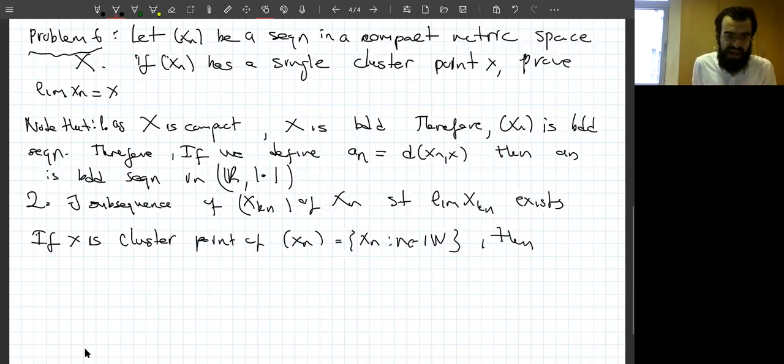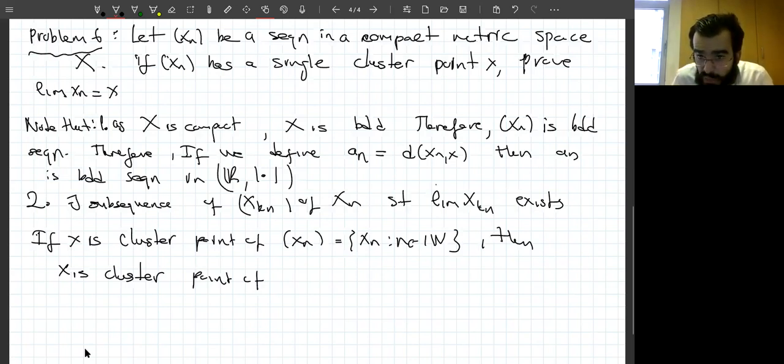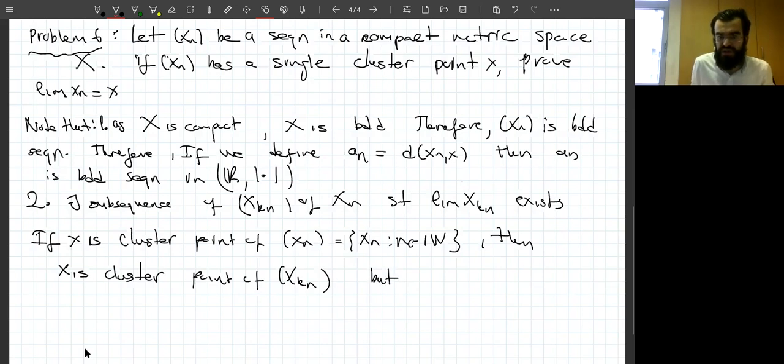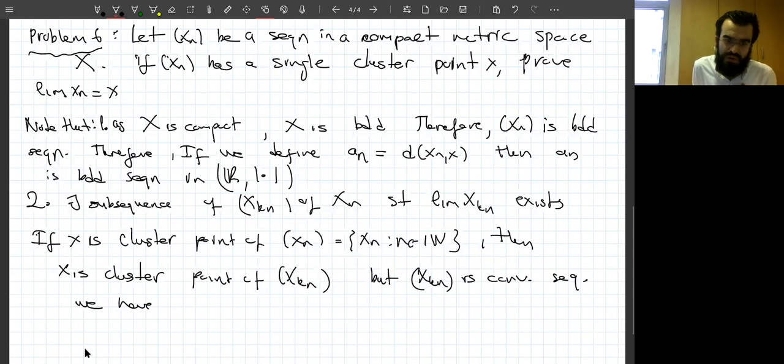Then x is a cluster point of this set, but x_{k_n} is a convergent sequence, the other subsequence, implies we have the limit of x_{k_n} as x.